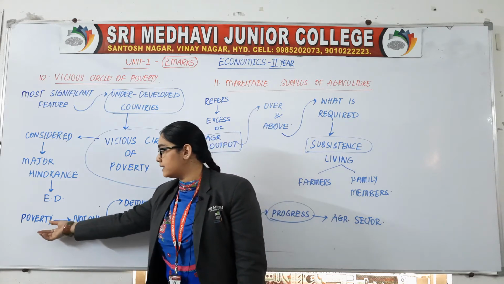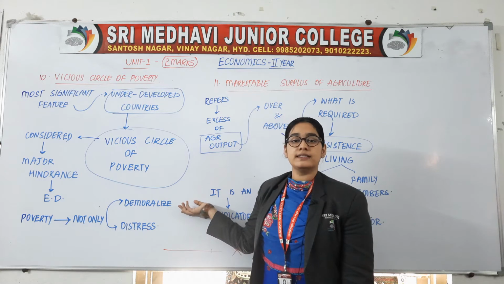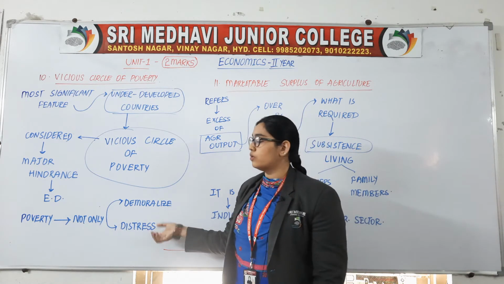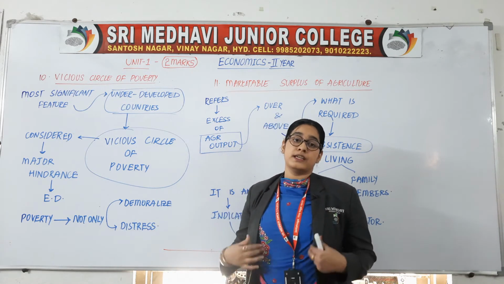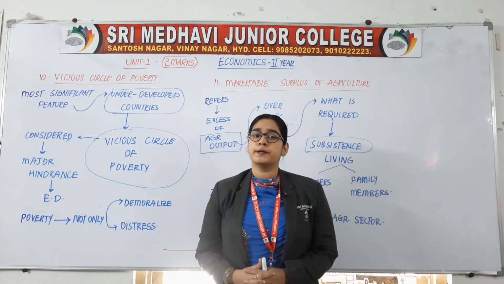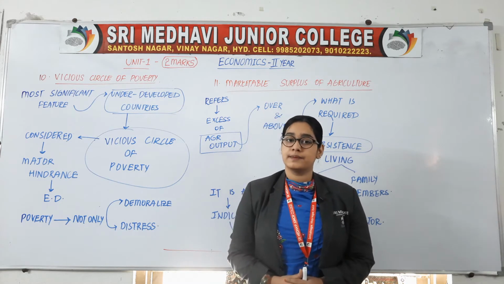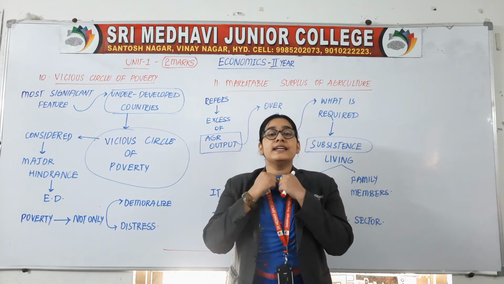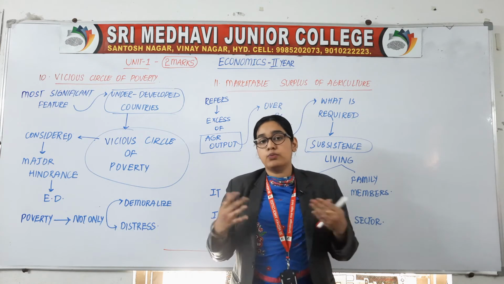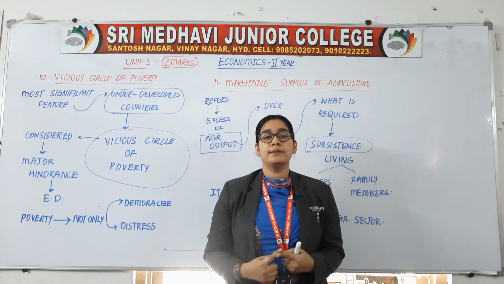Now one more point is there. Poverty not only demoralizes the person but also distresses him. Demoralize means no hope. The person is not having any hope of happiness. He is completely disheartened. Now we the human beings, we are able to satisfy 3 times food a day.